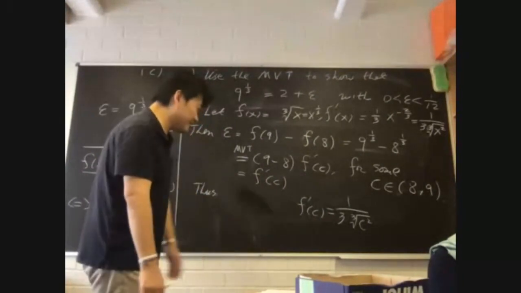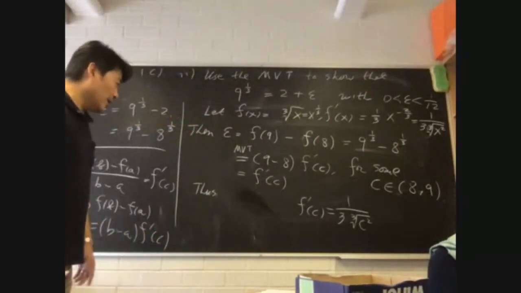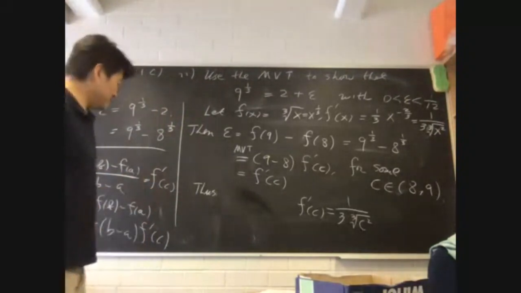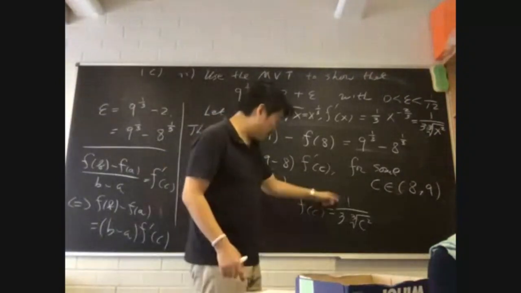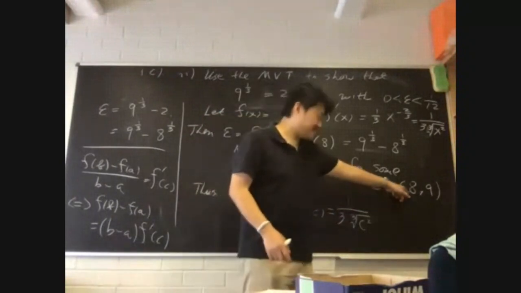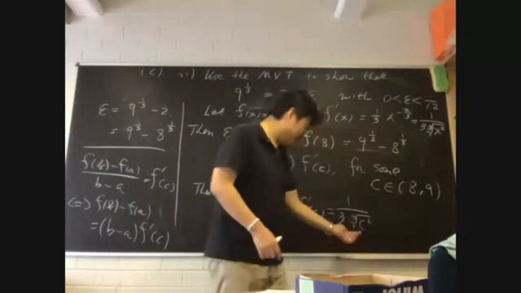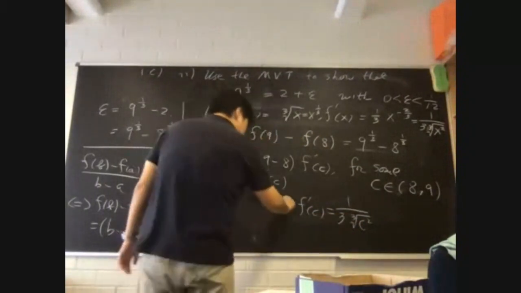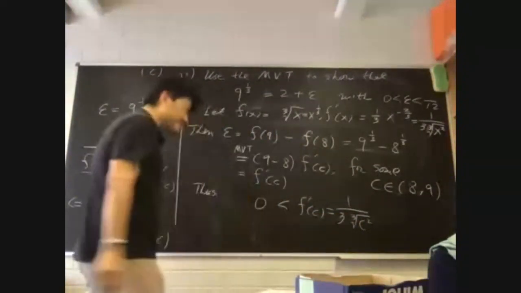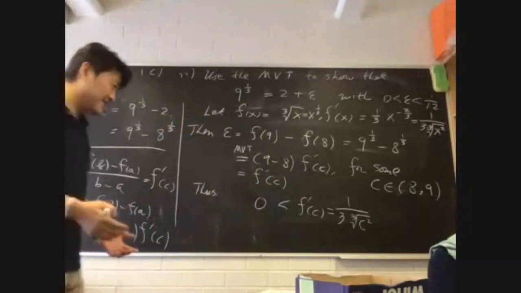If we can conclude that, that would be fine. So is this thing positive? It's certainly positive because everything is positive here, right? So 1/3 times c, where c is between 8 and 9. So c squared and the cube root are always positive. So this is certainly positive because c is positive.